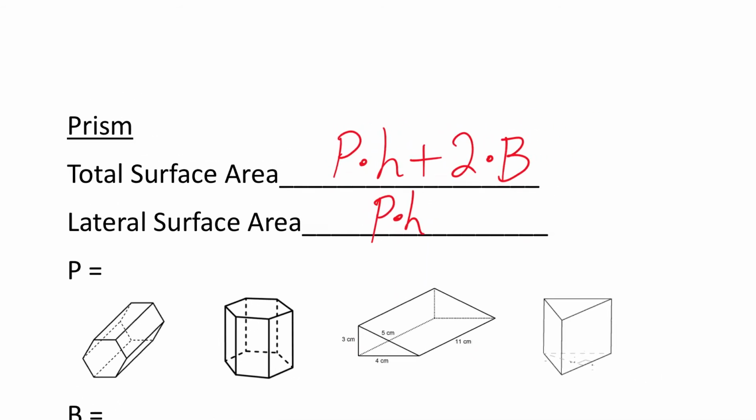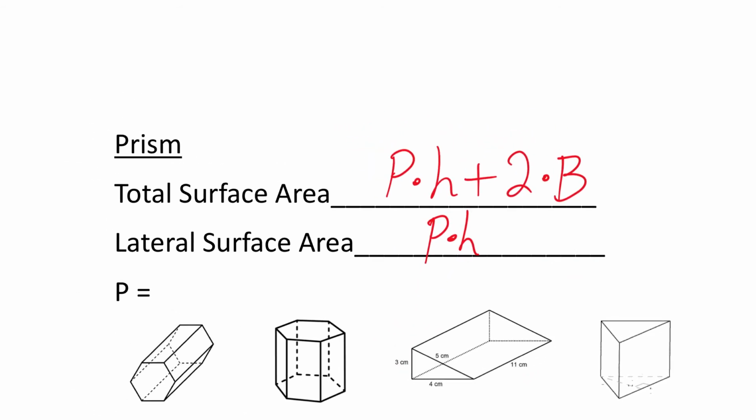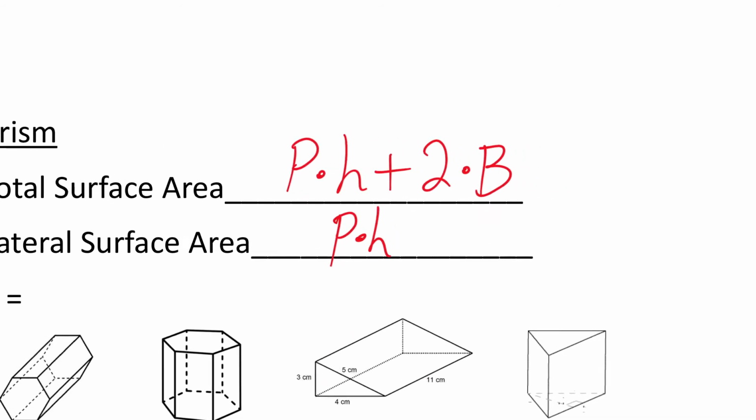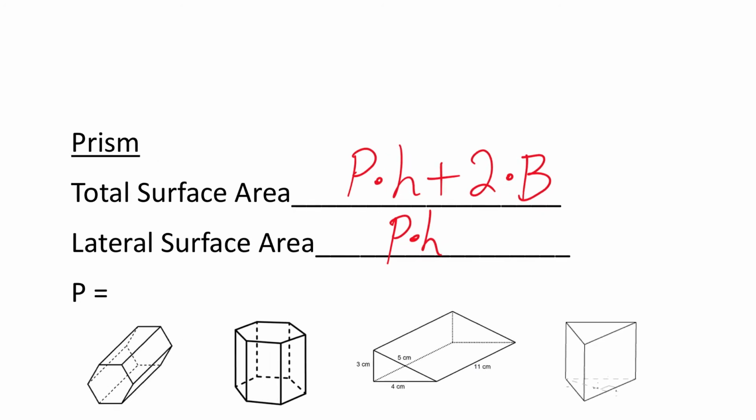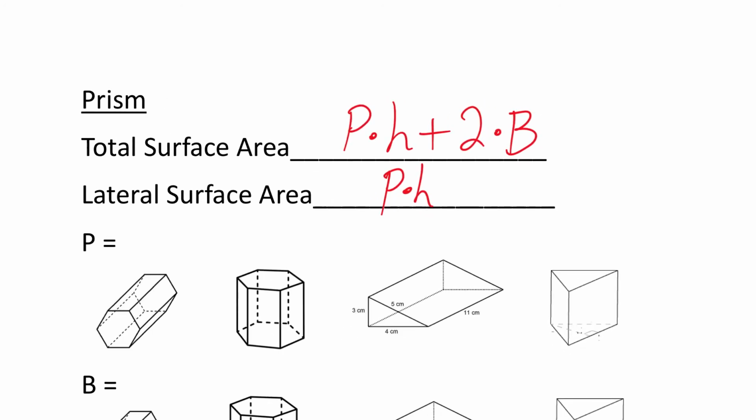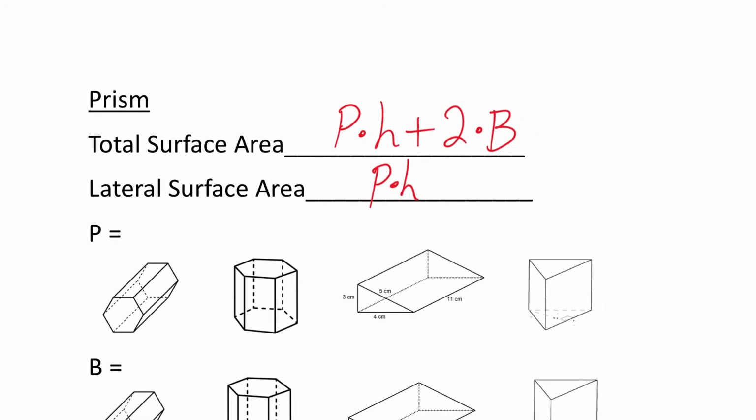Okay, now we talked about this yesterday. What's the difference between total surface area and lateral surface area? Total surface area is the area of... Okay, yeah, of everything. It includes everything for the shape.